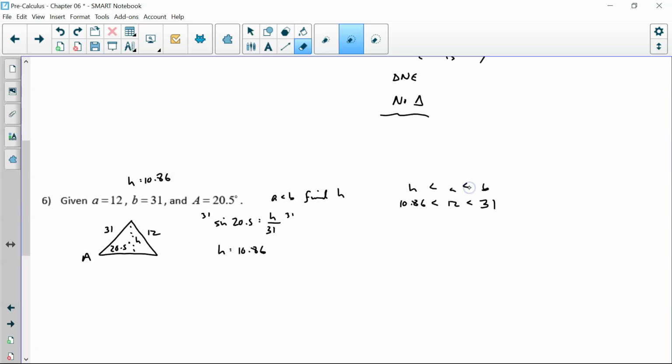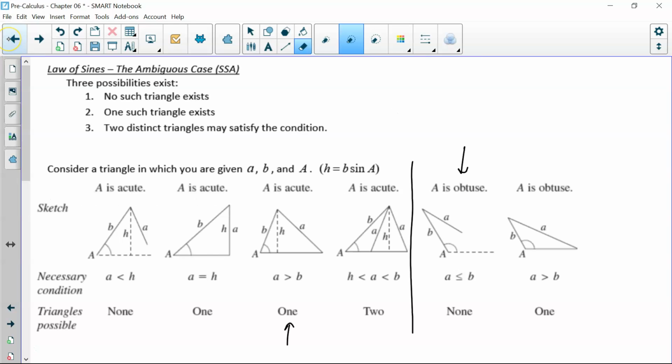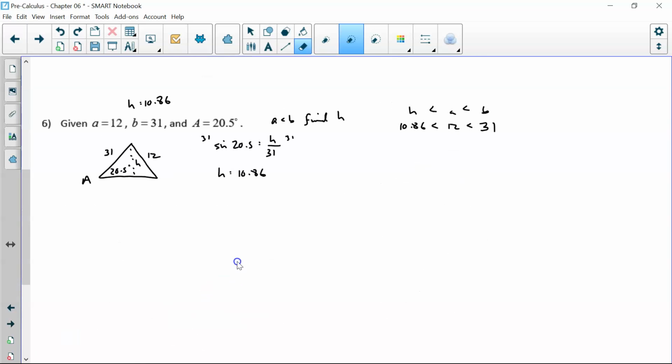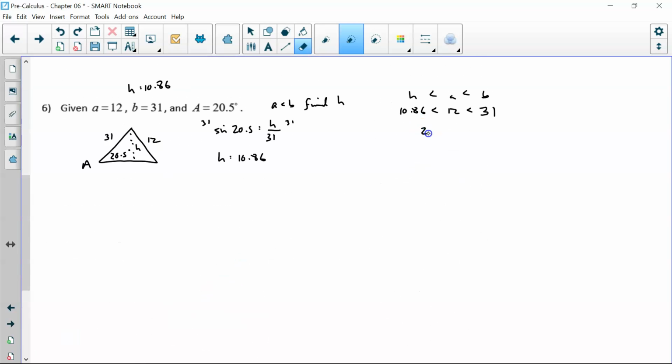So looking back at our examples, when a is between h and b, there's our case. We have an ambiguous case. We have two potential triangles, and we need to find both. So, two triangles.